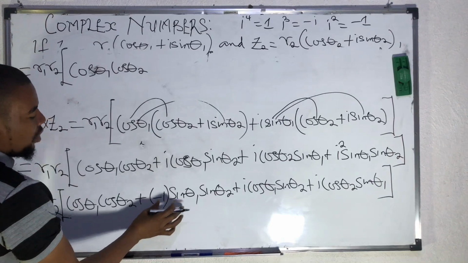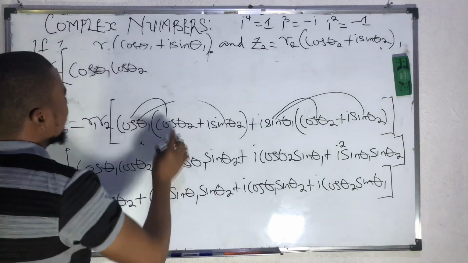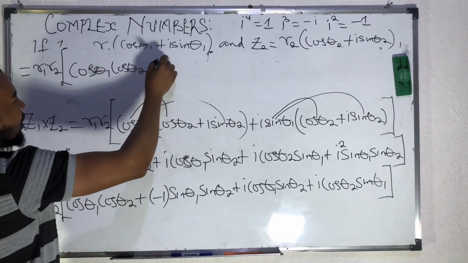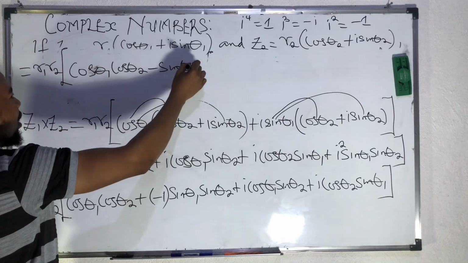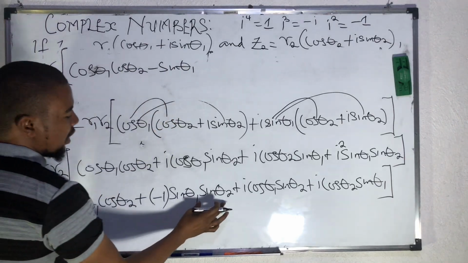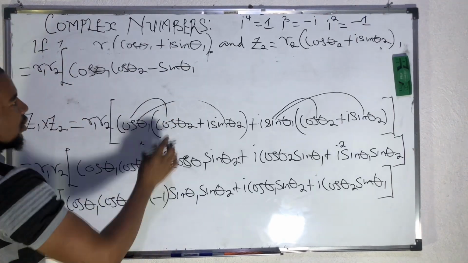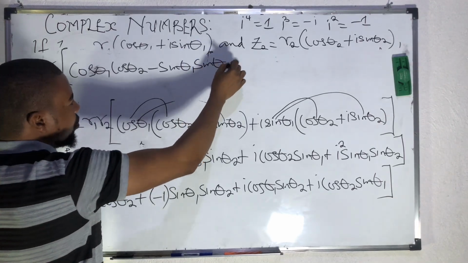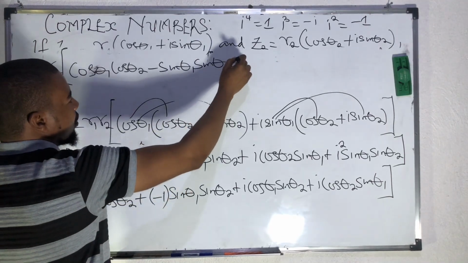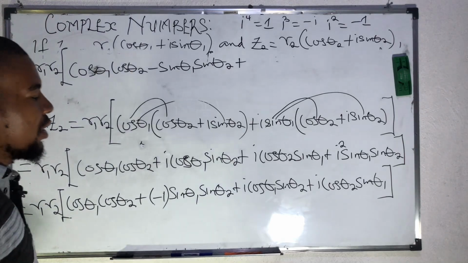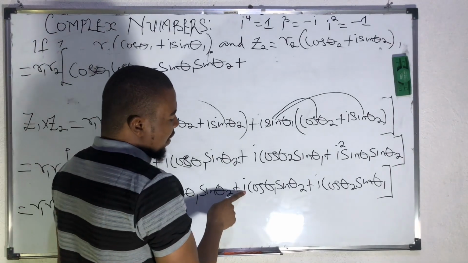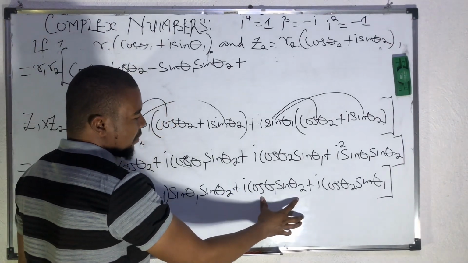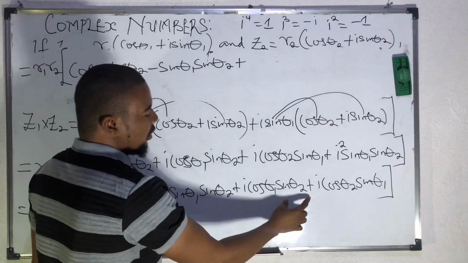So negative 1 multiplied by sine theta 1 is going to give us a negative sine theta 1. And remember that this one is also multiplying sine theta 1. Hence, we have sine theta 2 plus, at this point, let's look at this expression. We have an i on the first term, which is cos theta 1 sine theta 2.